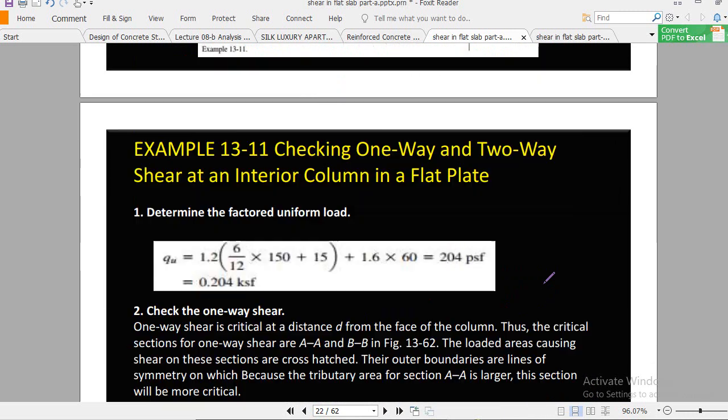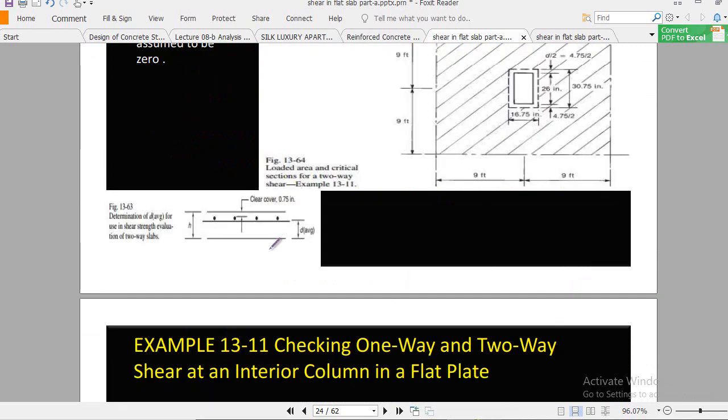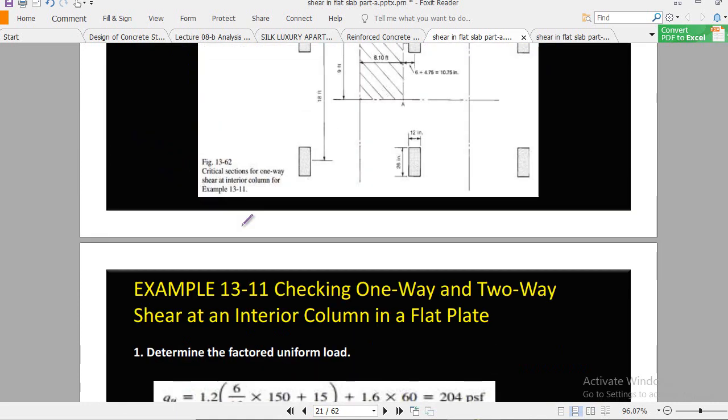Here the bars are placed in the top portion for negative reinforcement, for negative moment. From the top surface of the top bar, this is our clear cover. Then you subtract the diameter of this bar and you get the d average, as we did for the two-way slab design.